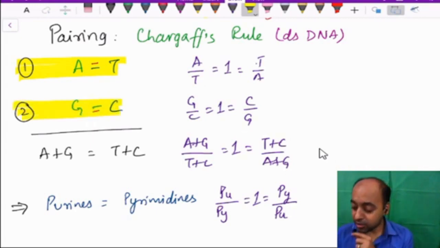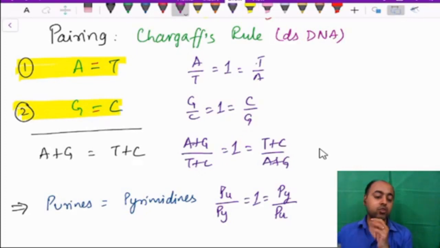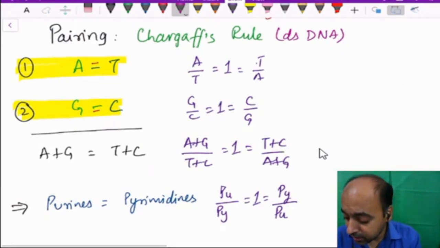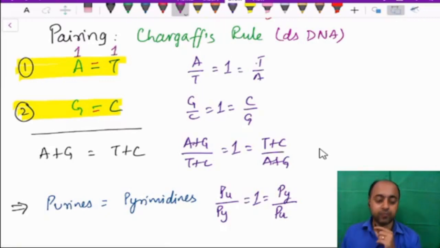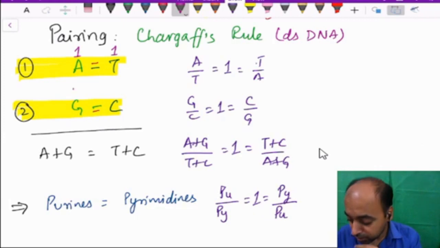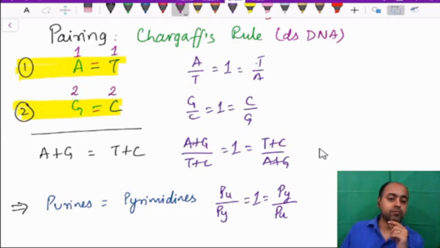Now, whenever there is a talk of Chargaff rule, whenever there is some equation where adenine, thymine, guanine, cytosine are being put in, and you are being asked which of the following is correct, which of the following is false, what you do is, wherever you find adenine, replace by 1. Wherever you find thymine, replace by 1. Wherever you find guanine, replace by 2, and wherever you find cytosine, replace by 2.